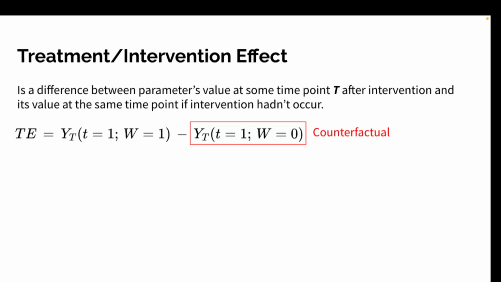Okay. So this is a very natural definition of treatment effect, right? Because the first term tells me the value after the intervention, and the second term is what would have been the value in exactly the same group without an intervention. That's the effect. That's what I want to measure.